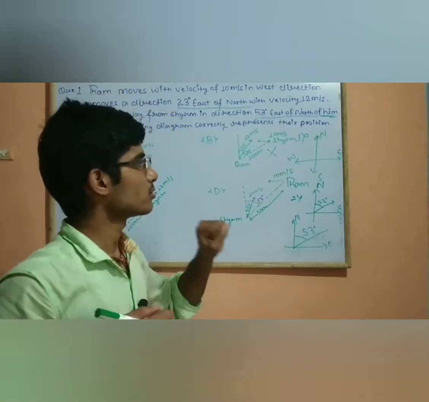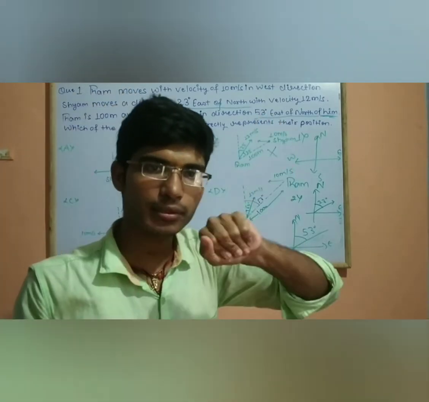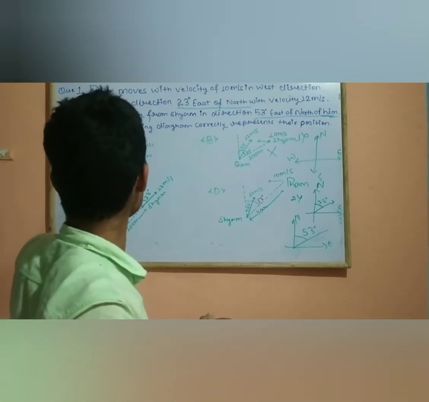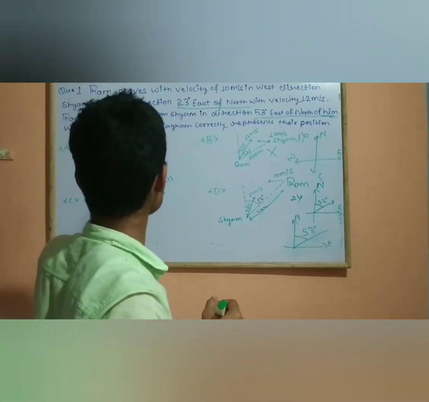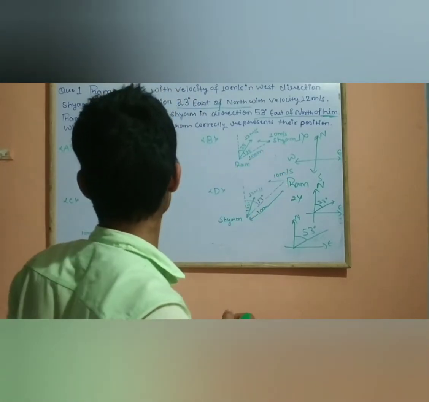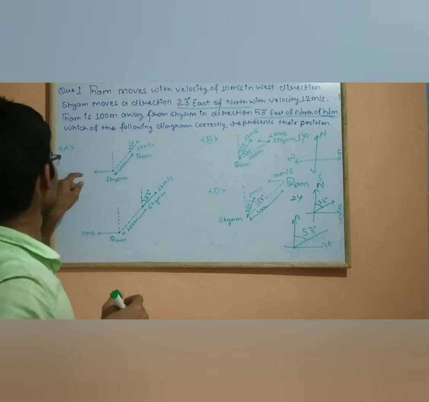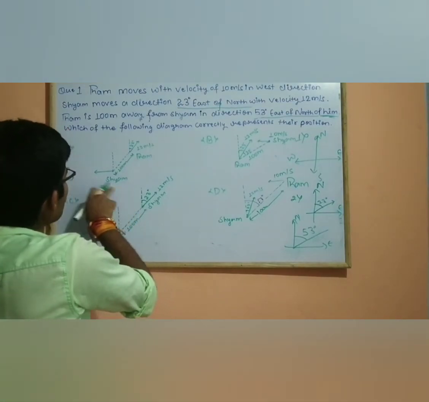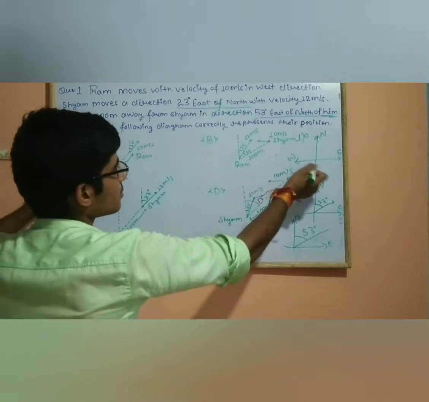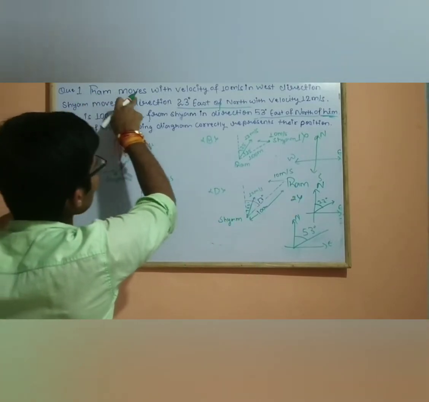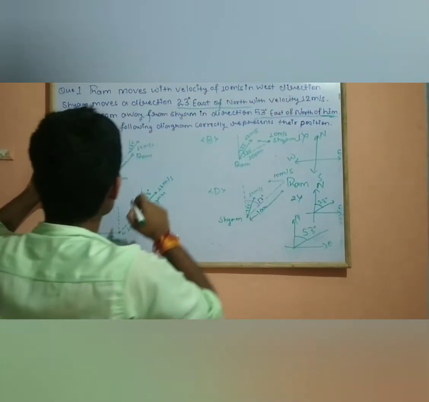Now we have the data and all the concepts, so we will match the data over the options. The first option is here: Syam is moving toward west. This direction is west, and in the question Ram moves in west direction.